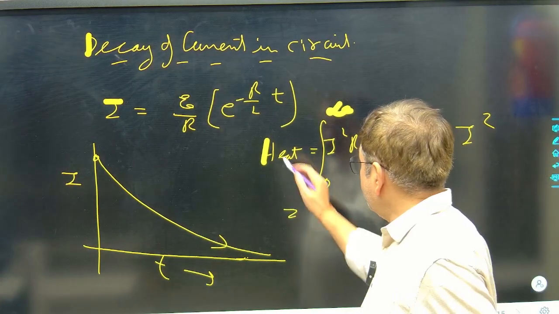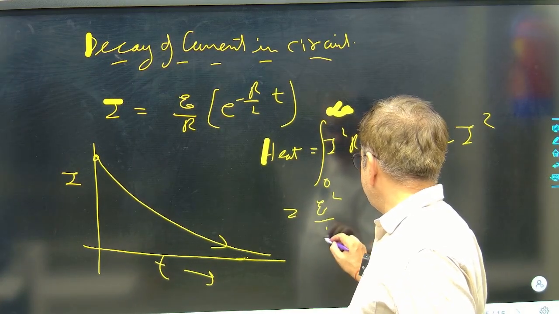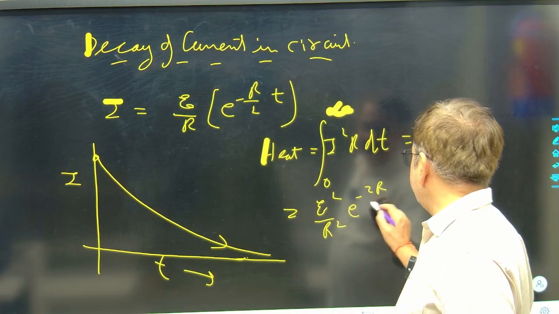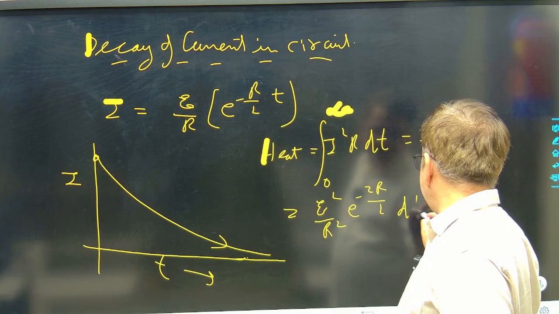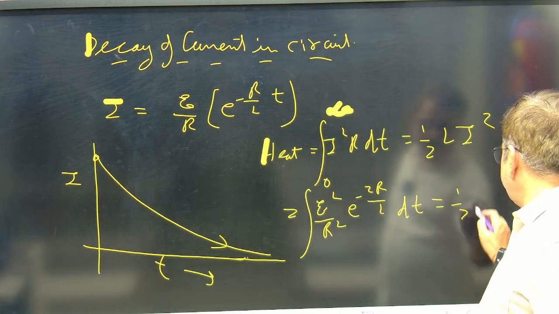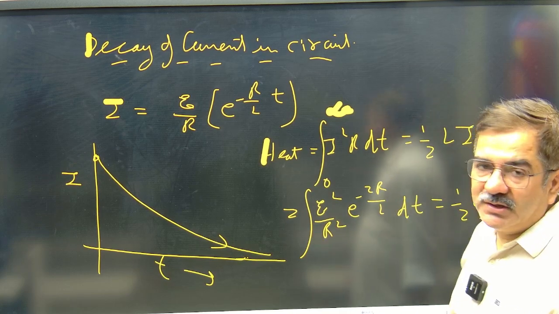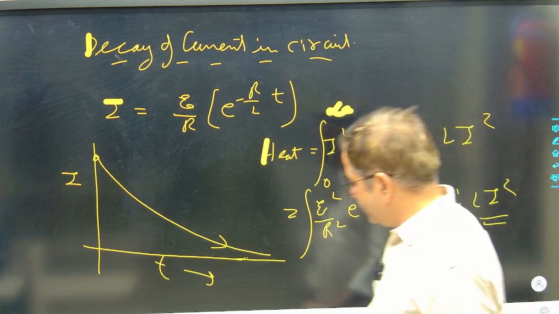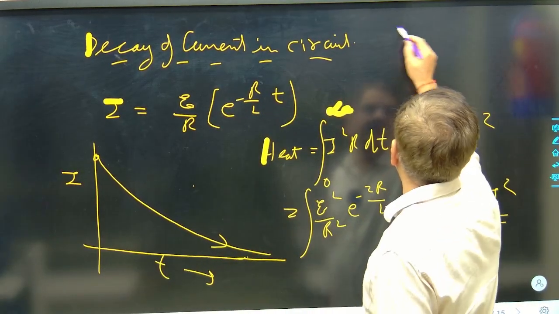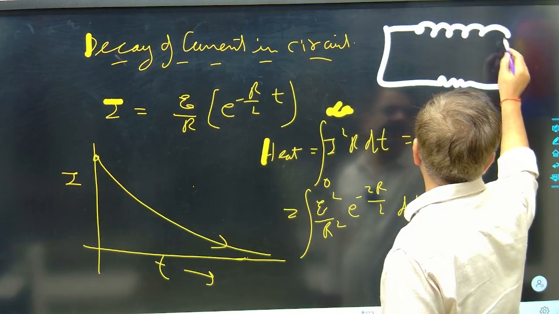If you put all the values here, E squared by R squared e to the power minus 2R by L into t, integrated, it will always come out to be half L I squared, meaning all the energy stored in the inductor is converted into heat. This formula applies when any fully charged inductor is connected to a resistor.